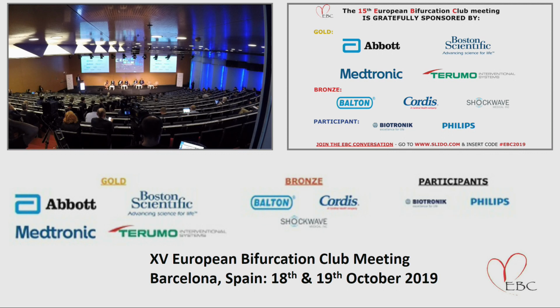And then very soon in JACC, we have only looked at the multi-vessel disease, but in this multi-vessel disease, there are 400 main stem patients in Global Leaders. So it's a quite reasonable population of main stem. And again, we have the same message: you don't increase the ischemic risk, but you decrease the bleeding risk.